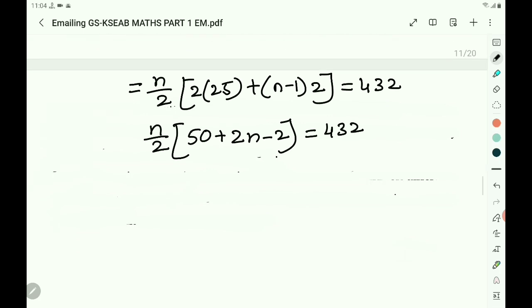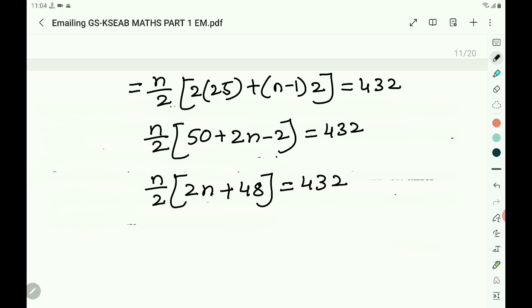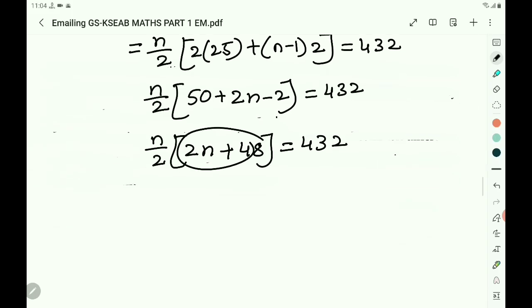Then n by 2 into 2n, 50 minus 2 is 48, equals 432.